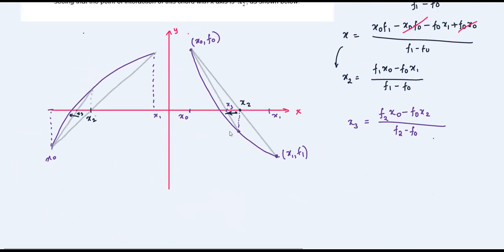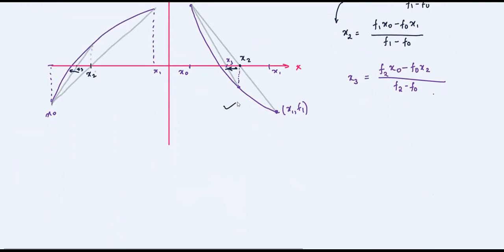So in this particular case that we are choosing, the n plus first iteration will be xn minus x naught minus f naught times xn by fn minus f naught. So this will be the iterative step.